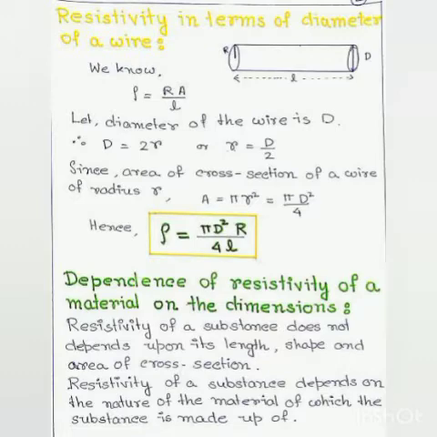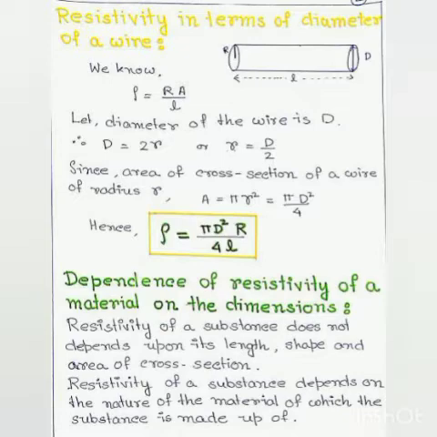Next, we will discuss how resistivity can be expressed in terms of diameter of a wire. So, we know rho equals RA by L. Now, if the diameter of any wire is D, then D equals 2R, where R is the radius of the wire. So, R equals D by 2.